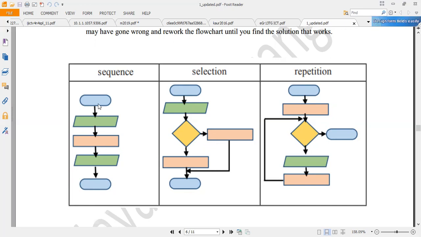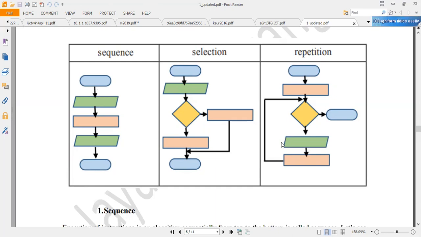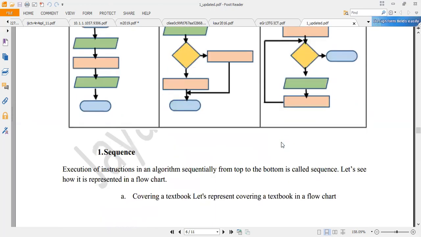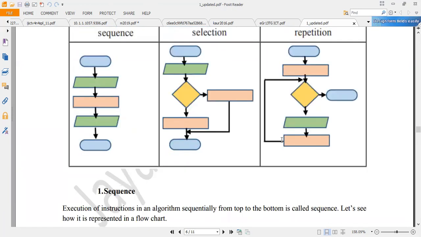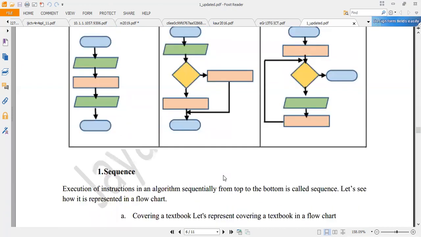These go linearly top to down. Repetition is also top to down, but we go bottom to up to some level through some condition. Then when the condition is satisfied, we go to the end stage.